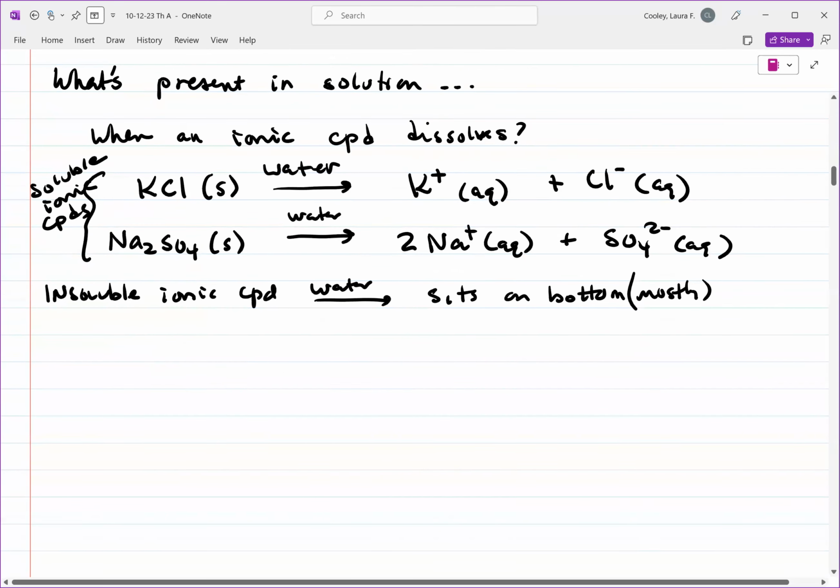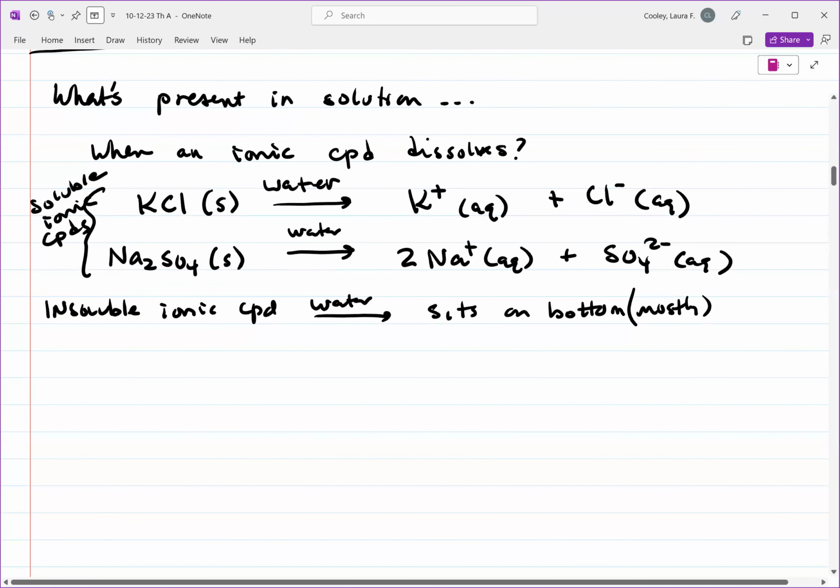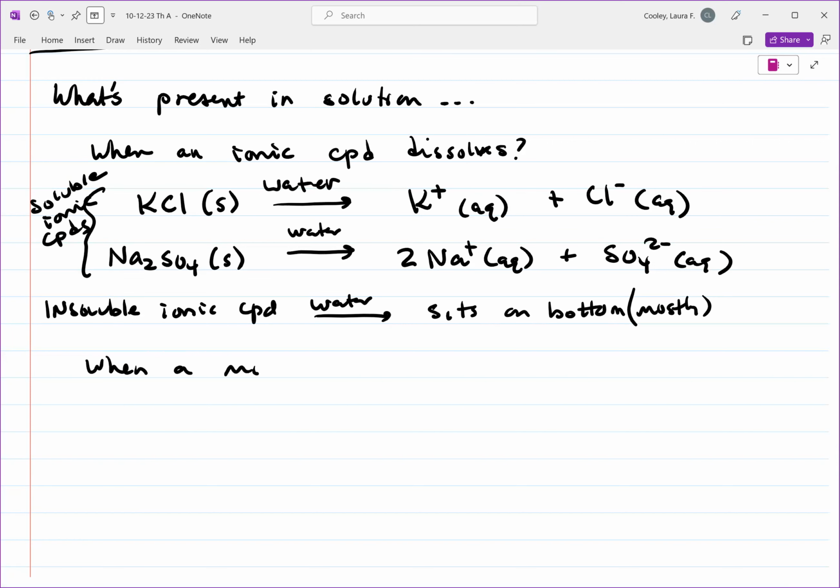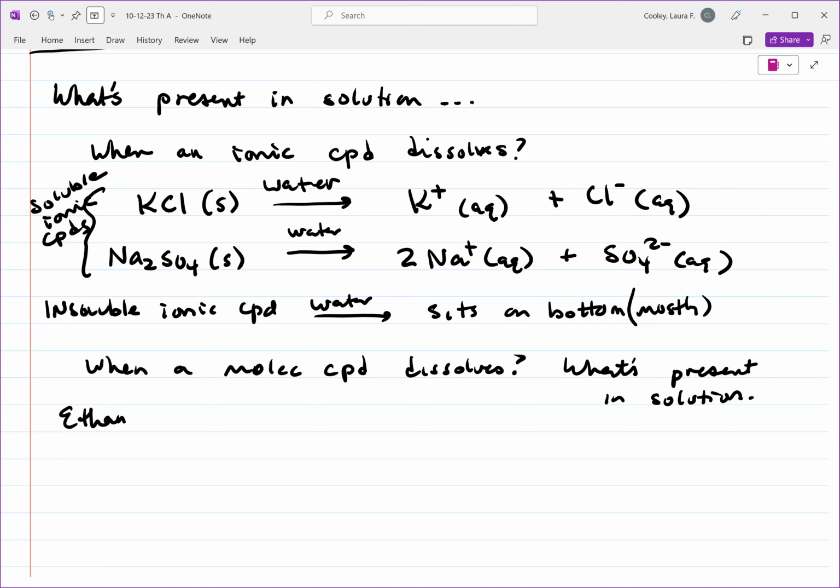So now, what happens when you dissolve a molecular compound in water? What's present in solution? Let's take a molecular compound, ethanol, which has a formula C2H6O.